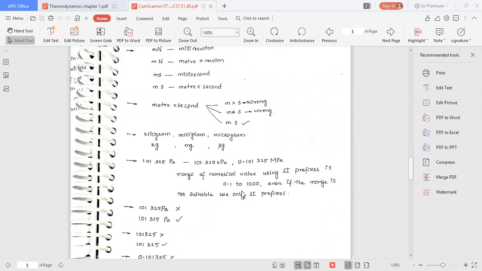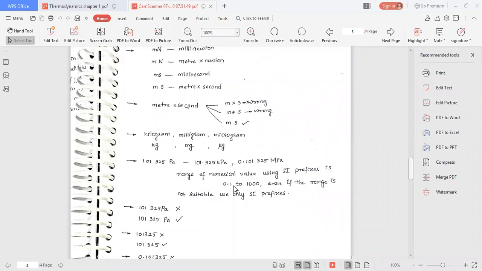There is some limitation. From 0.1 to 1000 you have to use kilo or mega. In most of the cases you have to indicate like this. Suppose 101325 pascal is there. If you are converting from pascal to megapascal, it means 0.101325.